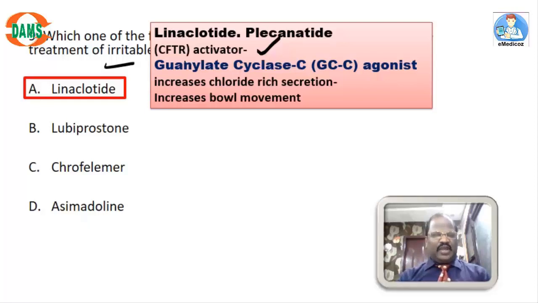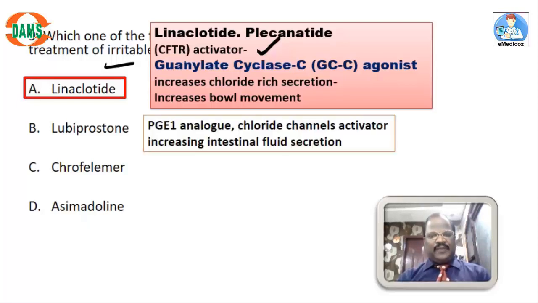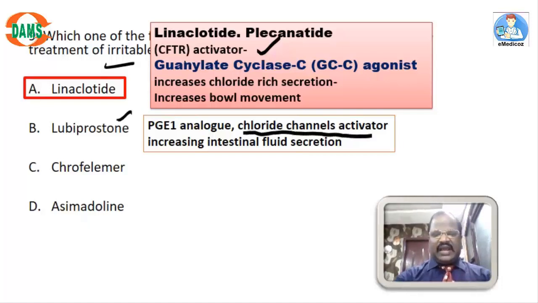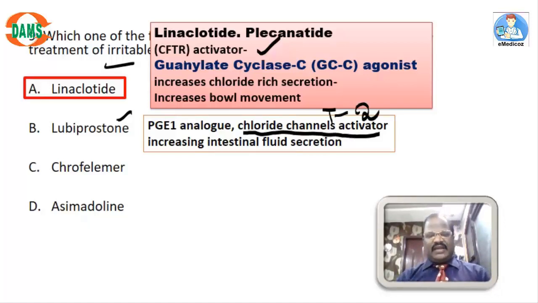Now, option B, lubiprostone. Lubiprostone is actually a prostaglandin E1 analog. The action is, it's a type 2 chloride channel activator, increasing intestinal fluid secretion, thereby promoting motility, useful for treatment of constipation-dominant type of irritable bowel syndrome.